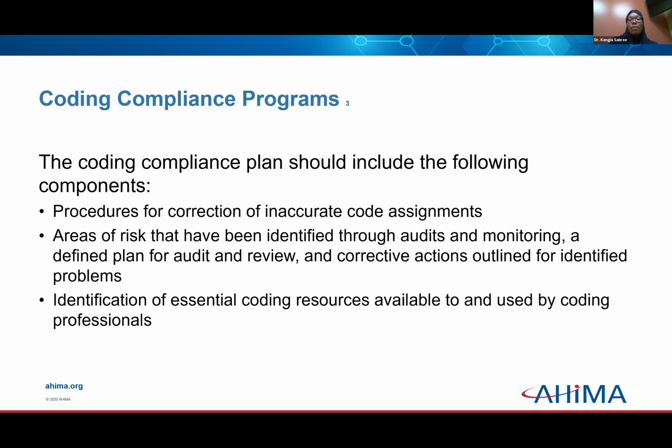The coding compliance plan should include the following components: procedures for correction of inaccurate code assignments, areas of risk that have been identified through audits and monitoring, a defined plan for audit and review, and corrective actions outlined for identified problems. We must also provide identification of essential coding resources available and used by coding professionals.